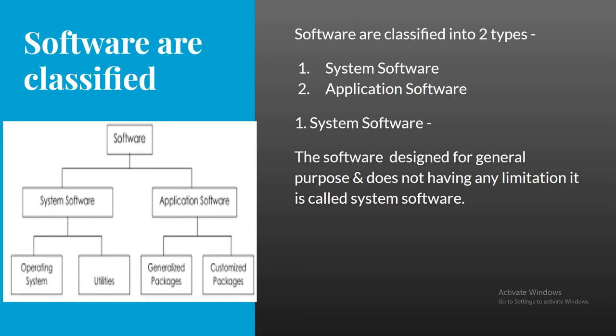I have Windows installed on the laptop where I am recording. This is our system software, and the application by which I am recording is application software. A notepad is application software, and a calculator to calculate something is also application software. Various application software are available on my PC.